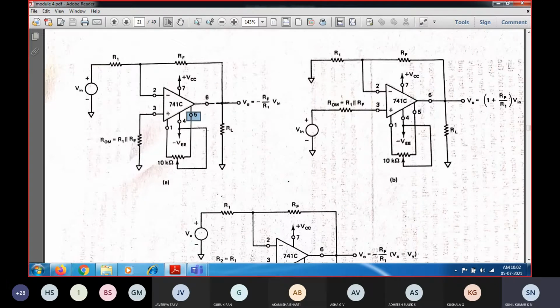Terminal 1 and terminal 5 are connected through a 10K potentiometer, and the negative power supply is connected to the wiper of this potentiometer. Whenever I move the potentiometer, it reduces this offset, so it becomes nullified and the output voltage becomes equal to 0.